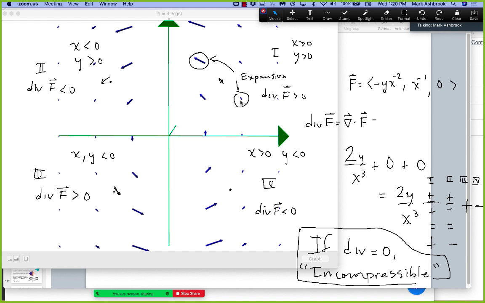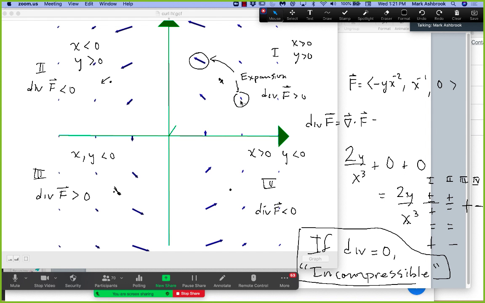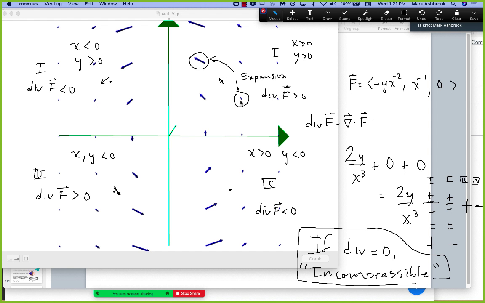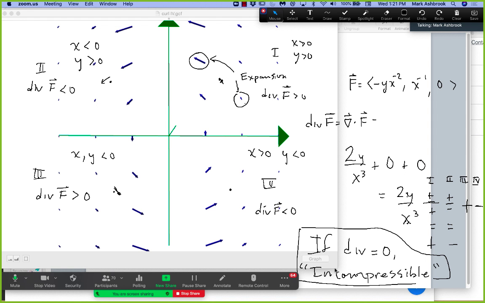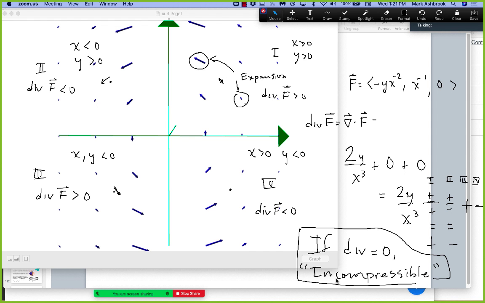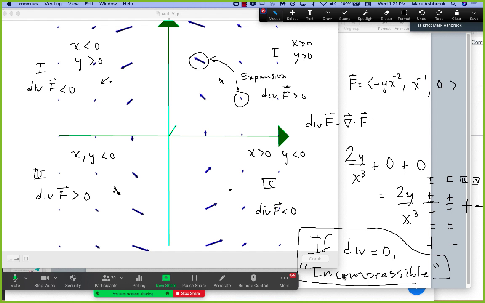So you don't have this relationship between incompressible fields and gradient fields the way you do irrotational fields and gradient fields, right? So you can have gradient fields or non-gradient fields that are compressible or not compressible. Here's an example of a gradient field that is not incompressible, right? It has a non-zero divergence.